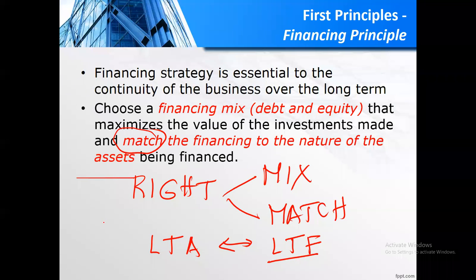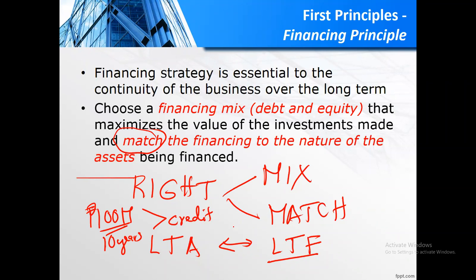So it is actually wrong. Well, it's wrong to, let's say, finance a 100 million project. Okay, 100 million project that will last for 10 years. And then you're going to use the credit card to finance this, which is payable the following month. Okay, who in his proper mind will do that?